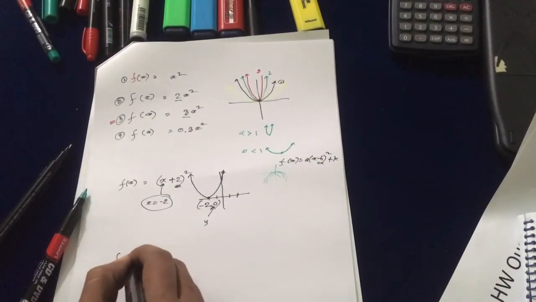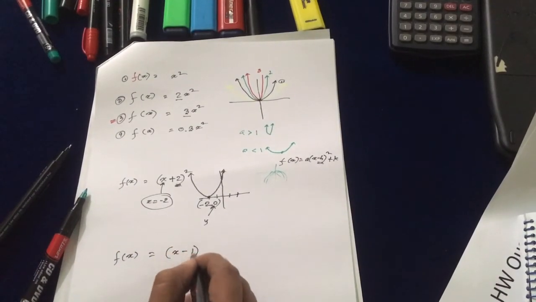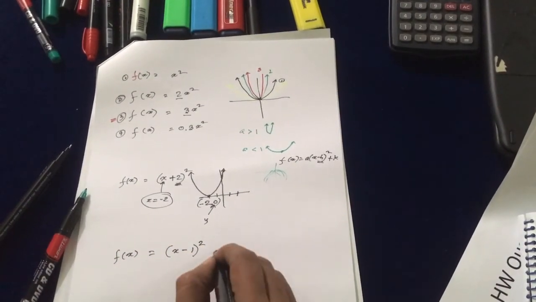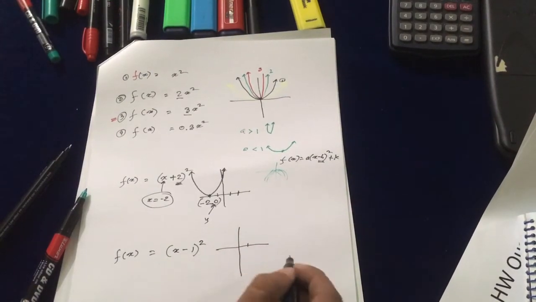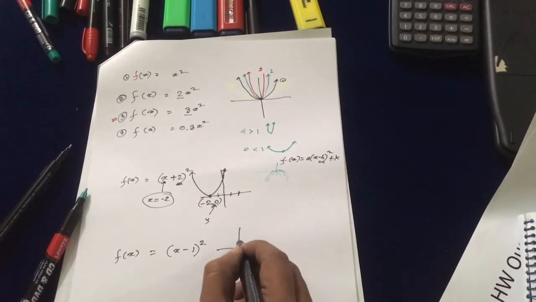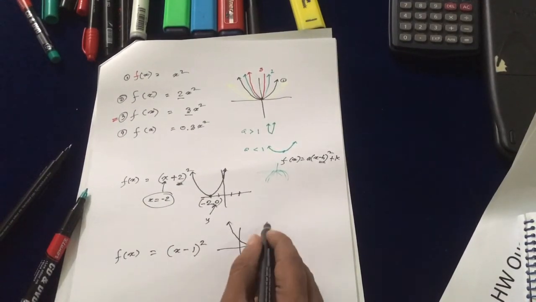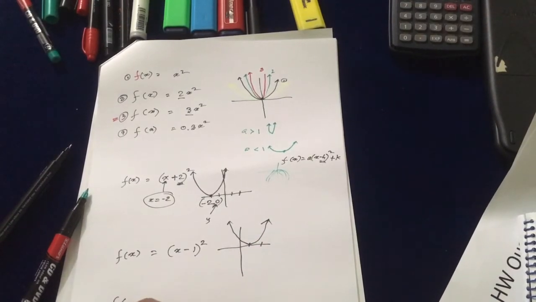Let me give one more example here. Let's say x minus 1 whole squared. Then the graph will go to the +1 for the minus, and the shape of the graph will be like this. Then let's do something kind of crazy.